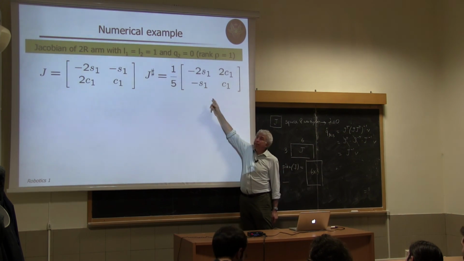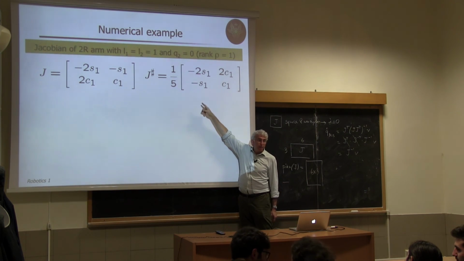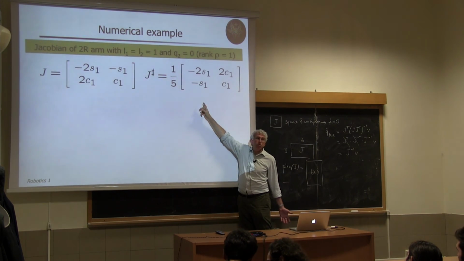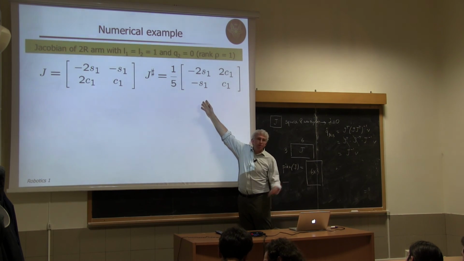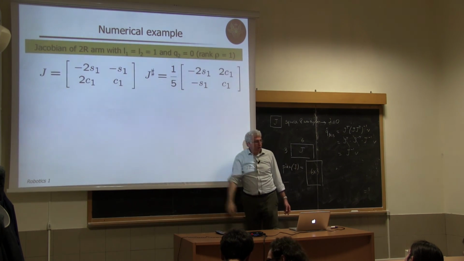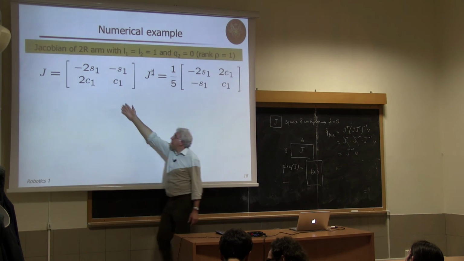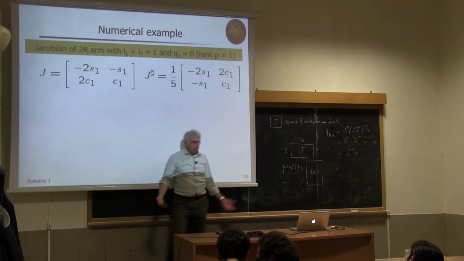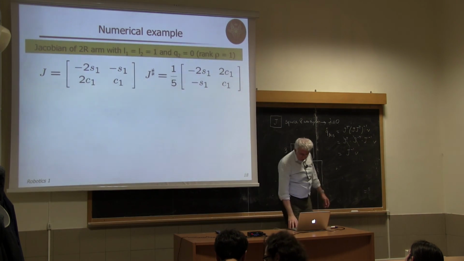Now I've written it analytically as a function of Q1, not numerically. Again, how did I find this? It's too long to explain, but just check that this J plus satisfies the 4 relations if J is given by this, independently of the choice of Q1.